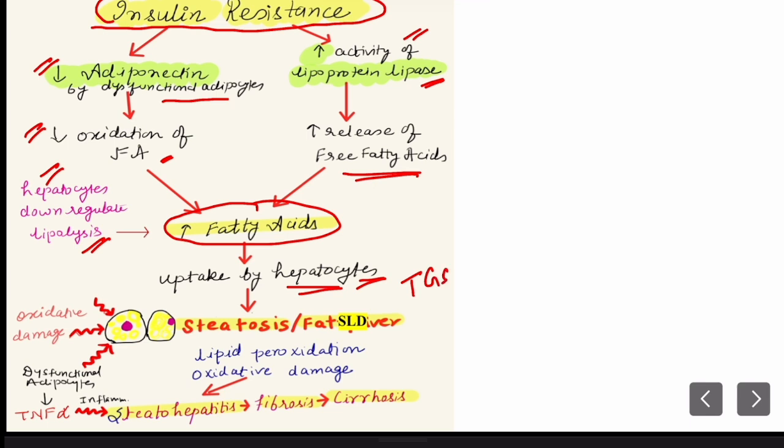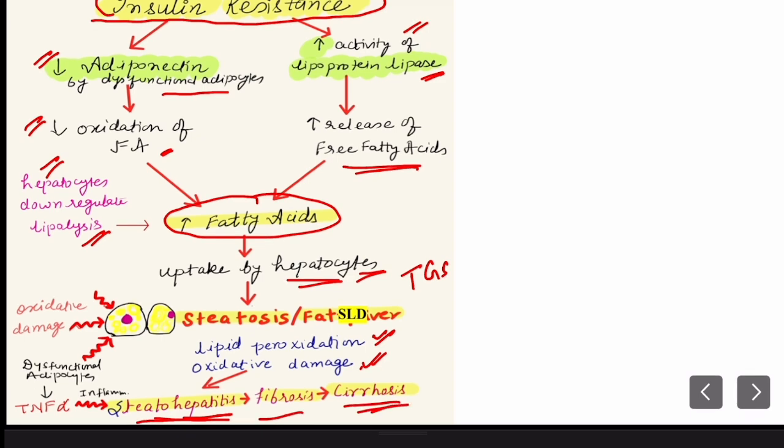Now because of this accumulation of fat inside the liver, the most important problem that occurs is lipid peroxidation and oxidative damage to the hepatocytes. So when this occurs, the steatotic liver disease often progresses to steatohepatitis, and later on there can be fibrosis and ultimately cirrhosis and lastly liver failure.